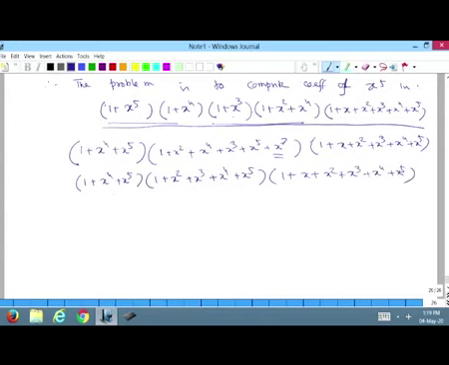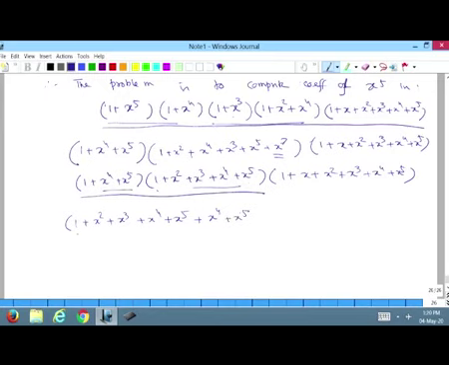Now, let us multiply this. We get 1 plus x square plus x cube plus x to the power 4 plus x to the power 5 by multiplying each one of them with 1 plus x to the power 4 plus x to the power 5.